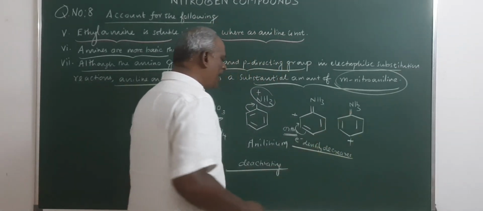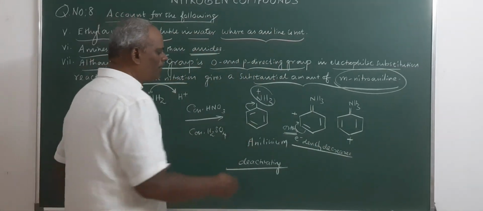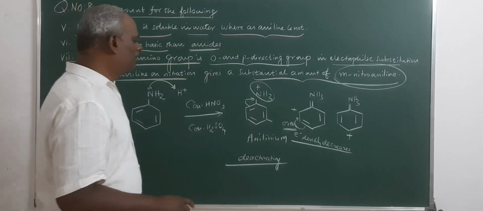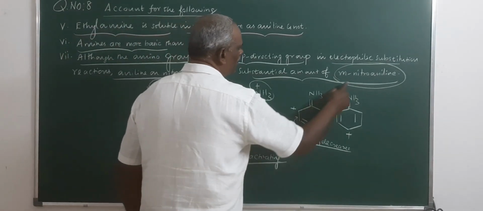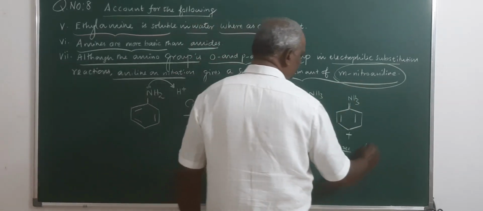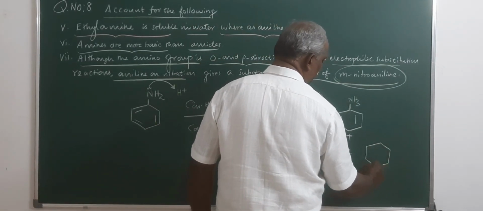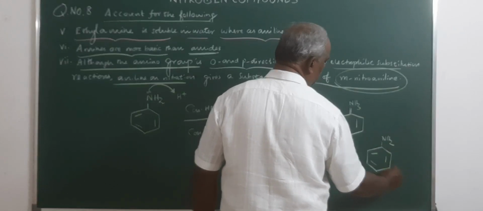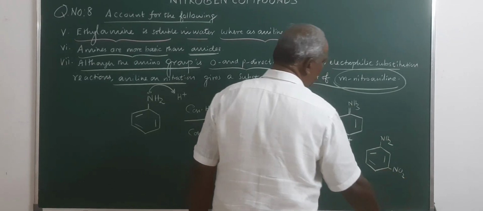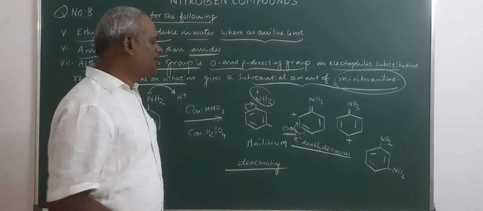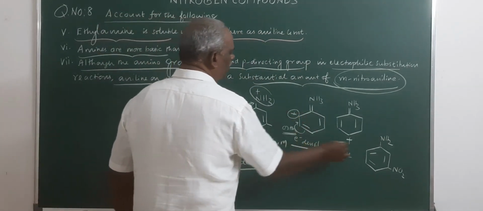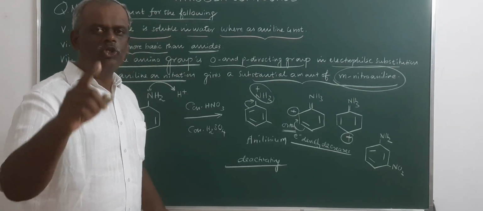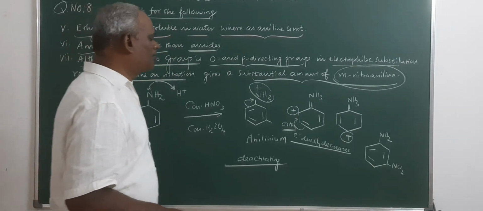The one and only chance is the meta position, where we can do the substitution of the nitro group. So finally we get meta-nitroaniline. The reason is, in the case of ortho and para positions, the electron density decreases and those positions carry positive charge.